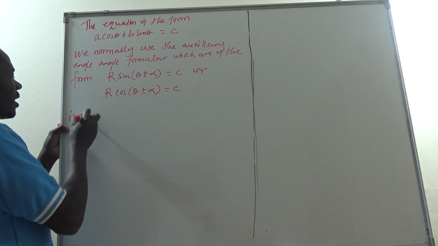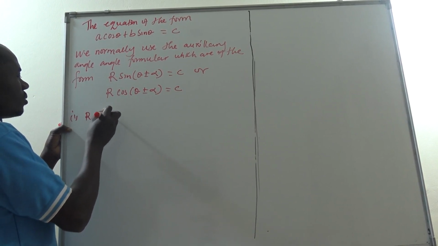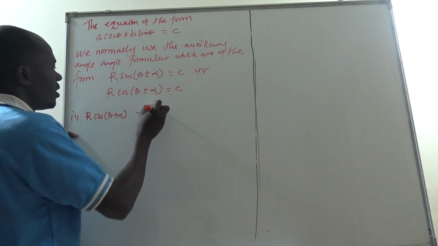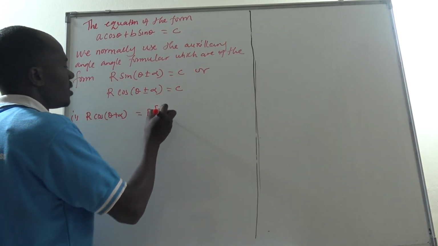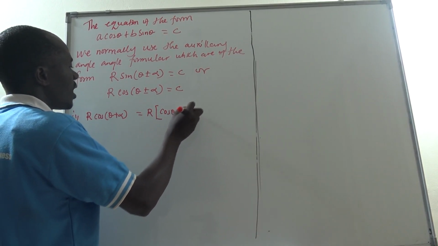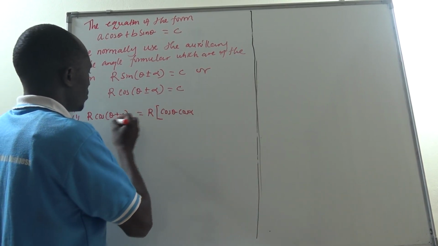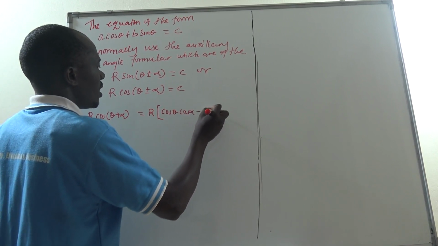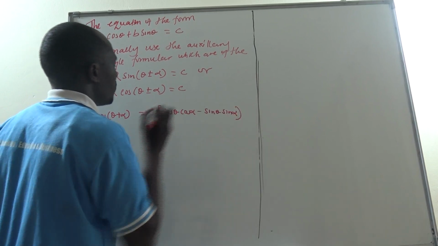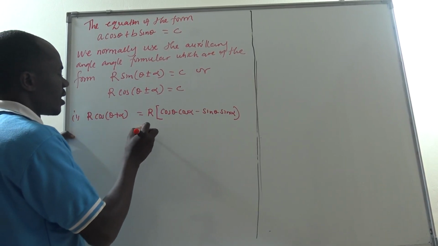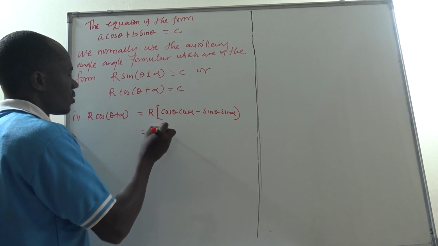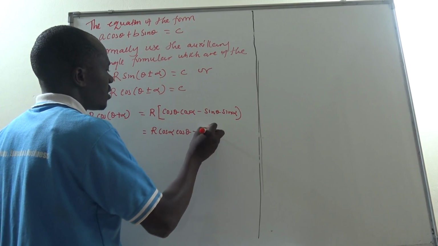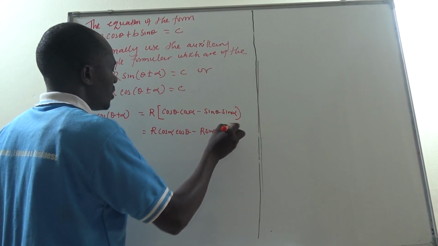If we have r cos(theta plus alpha), can we open this? This is the same as r into cos theta cos alpha. When we are dealing with cos, we go to minus sin theta sin alpha. So this becomes r cos alpha cos theta minus r sin alpha sin theta.